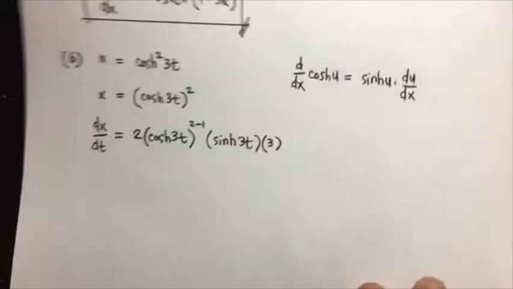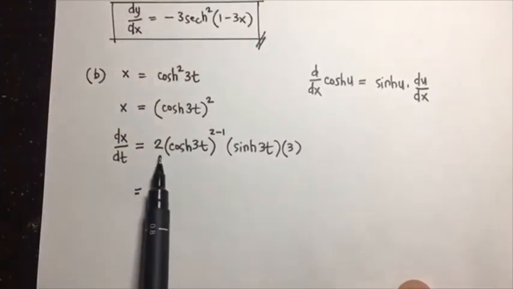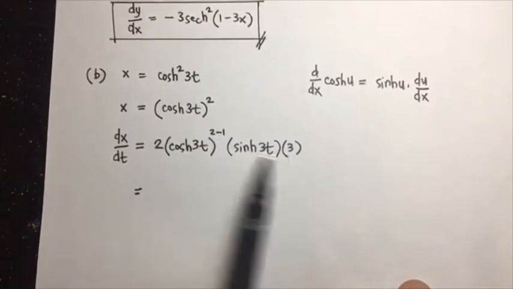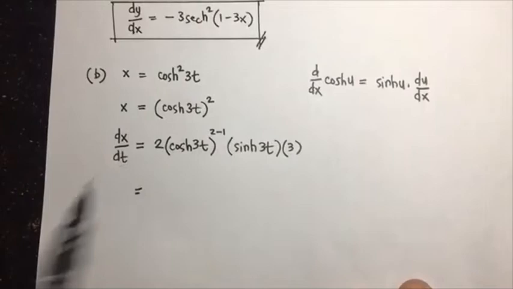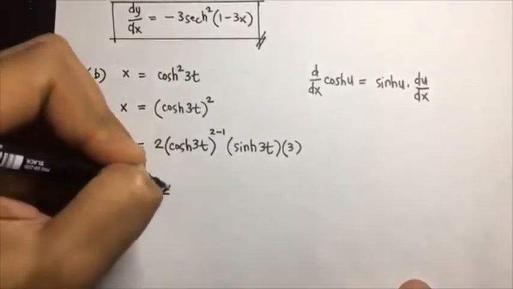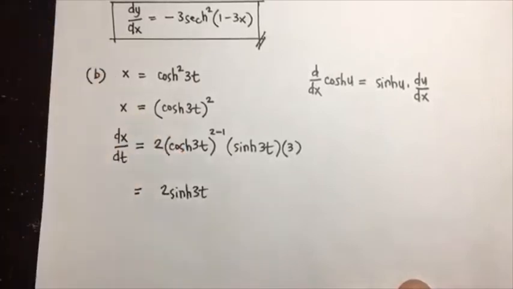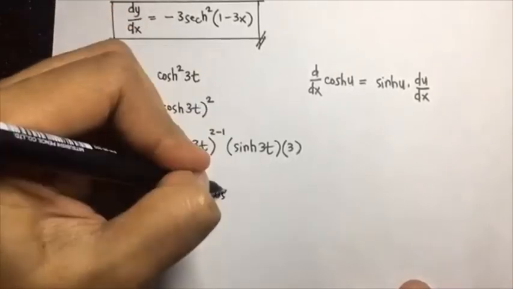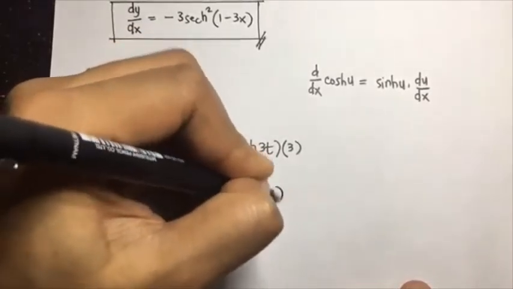Now we can simplify it as 2 hyperbolic sine of 3t hyperbolic cosine of 3t, times 3.